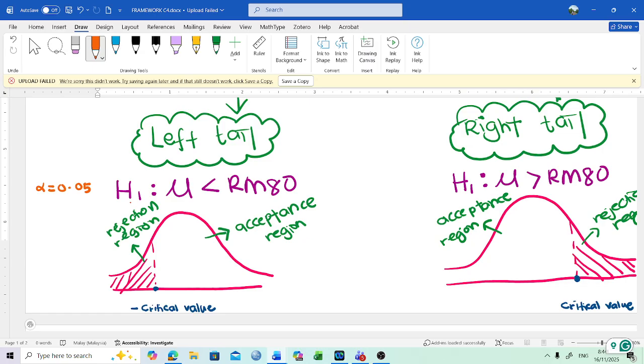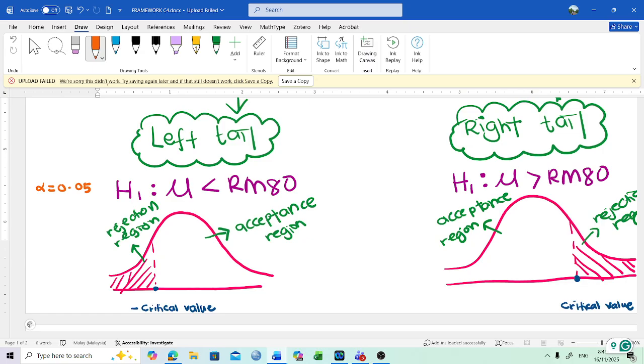So you want to find the critical value. Let's take a look. If you find the Z value, it can be Z or T, depending on the population variance, whether it is known or unknown. If it is known, then we use Z. If it is unknown, then we use T. But for now, I will show you only for Z, but you can repeat the same procedure for the T value.